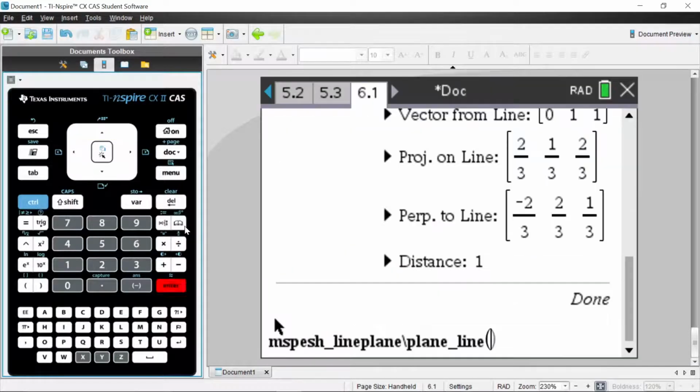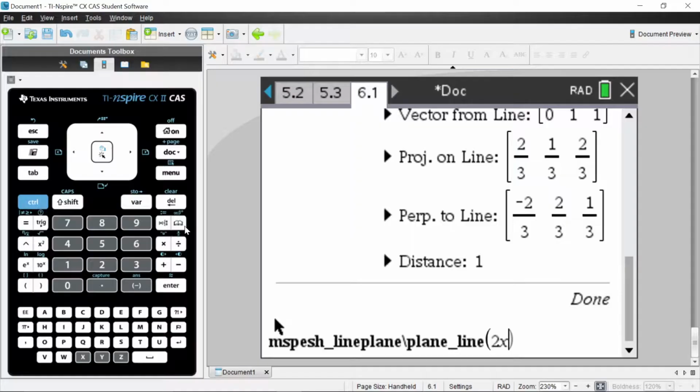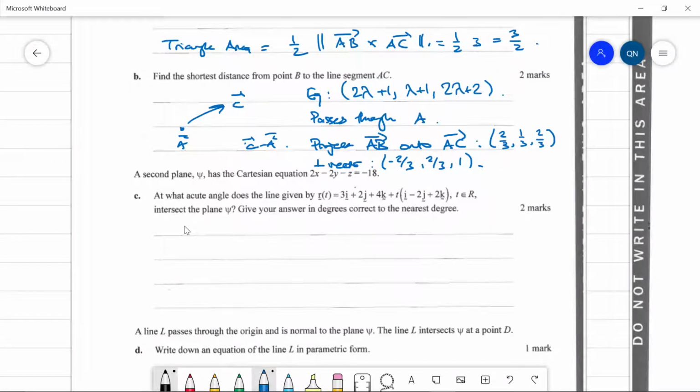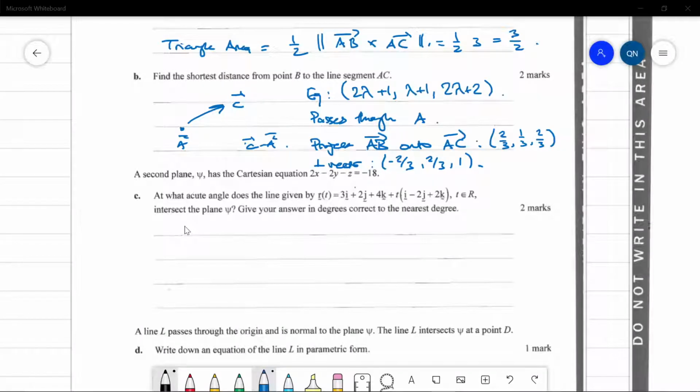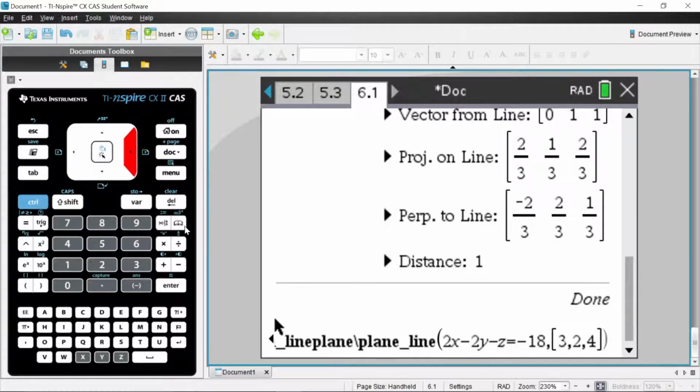So I'm going to type in the equation of the plane: 2x minus 2y minus z equals negative 18. And I'm going to type in the line. A point that the line passes through looks like it's going to be 3, 2, 4, and then direction 1, negative 2, 2.